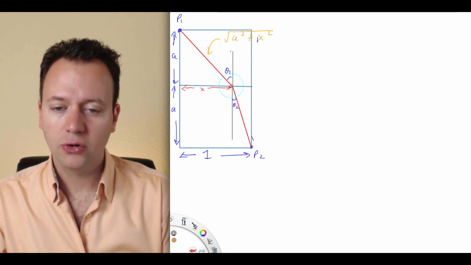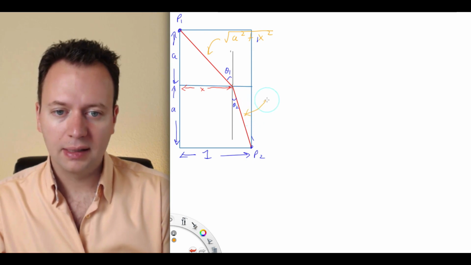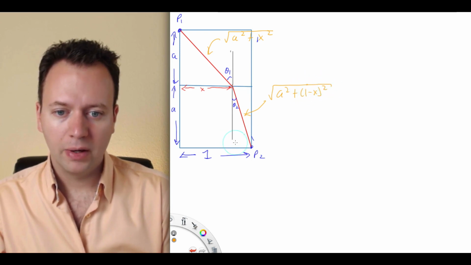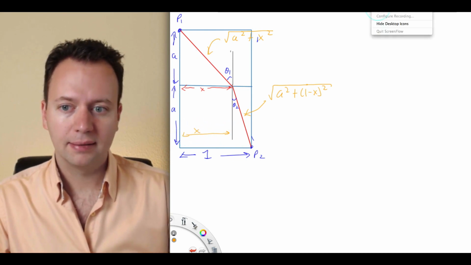Because we have a right triangle, we have a here, x there. And this distance is the square root of a squared plus (1 minus x) squared, right? Because if this length is x, then the other length is 1 minus x.